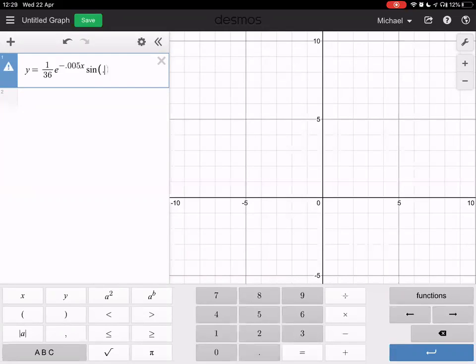Callum, where are you waving at? 0.316 x. Oh, sorry, I forgot you could see me. Close the brackets. I'm waving at the dog outside. It wouldn't surprise me if you were.